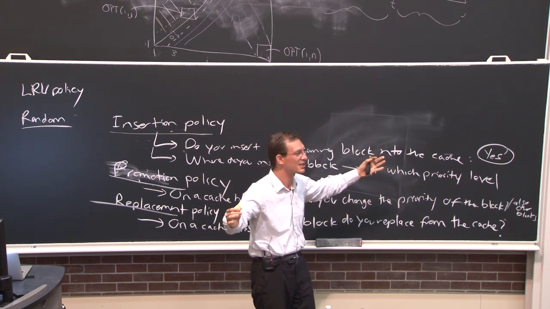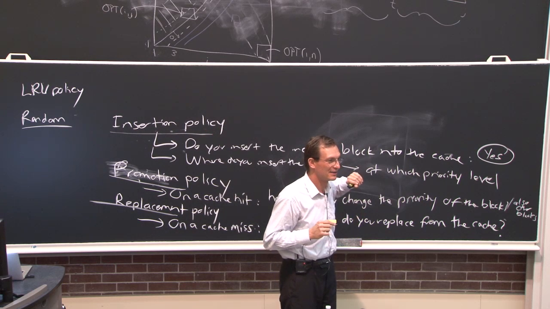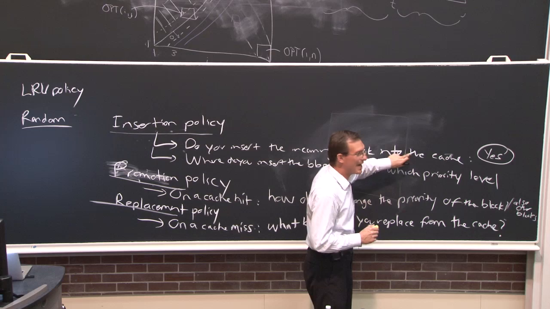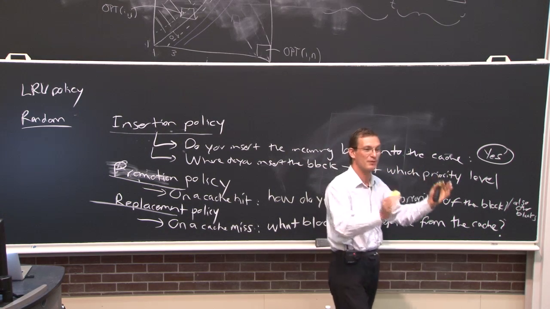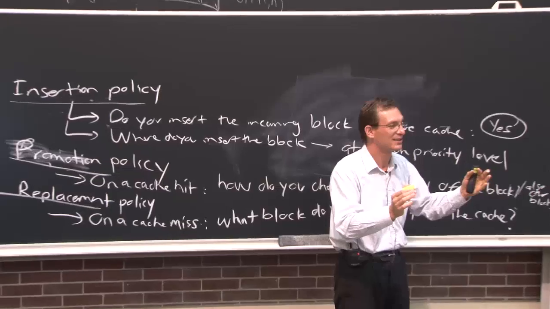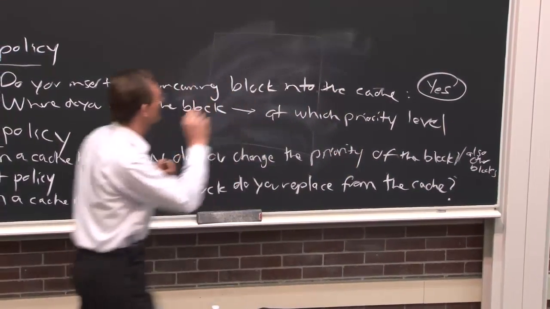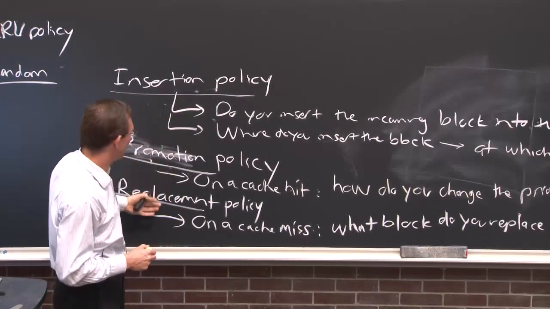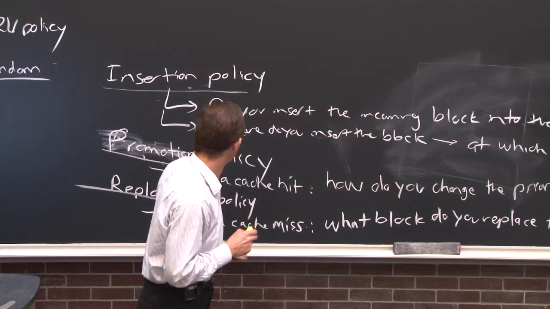If your working set is larger than your cache, LRU will not help you that much because you're already thrashing your cache. But if you do a random policy, randomly picking what you insert in the cache, you'll keep some of your working set in the cache. And that enables you to get a better hit rate. We'll see this in a little bit more detail. You could have everything random here, and usually random works when you're thrashing your cache.